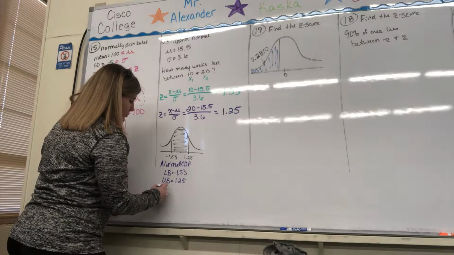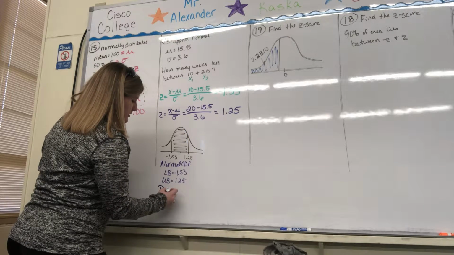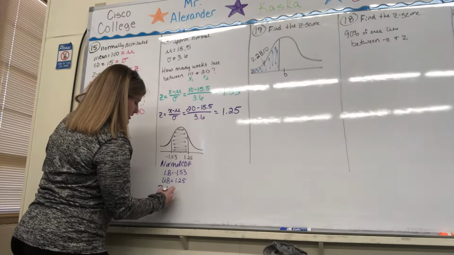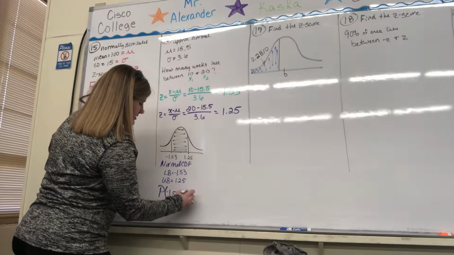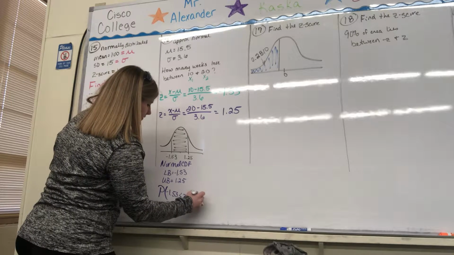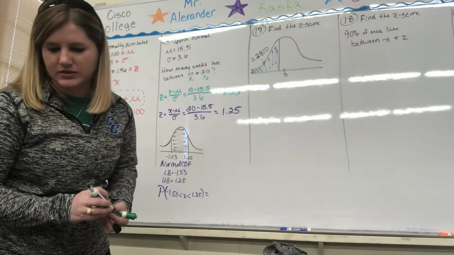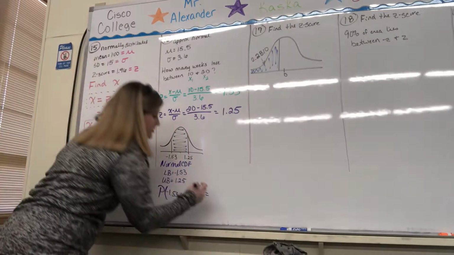And we would get that the probability that negative 1.53 is less than z, which is less than 1.25, equals, remember probability, round it to 4 decimal places, 0.8313.